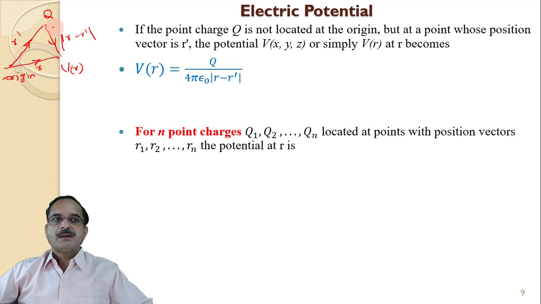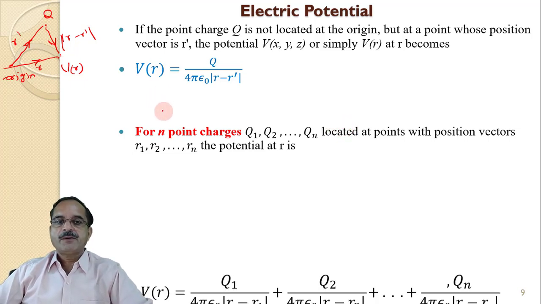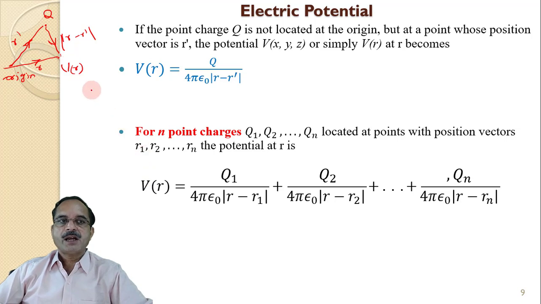If there are n number of charges q1, q2, ..., qn, then the superposition principle is applicable, and we can find the potential at point r because of such n point charges. The potential V(r) is just the addition of all these potentials.